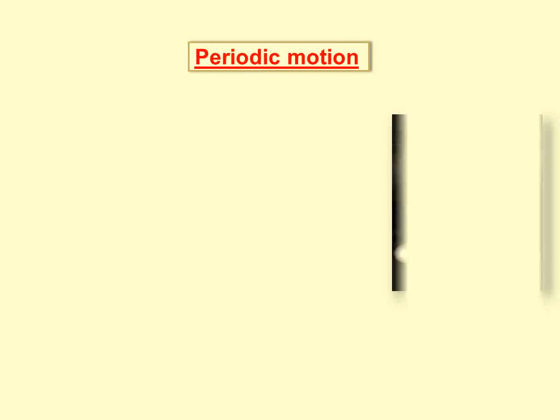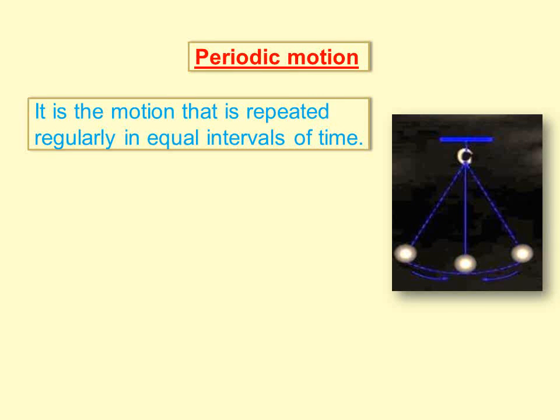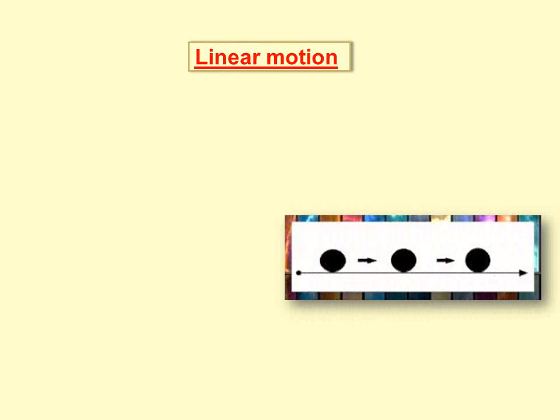The second one, periodic motion. Periodic motion is the motion that is repeated regularly in equal intervals of time. We have examples here, like an oscillating spring and the motion of planets around the sun. Linear motion.